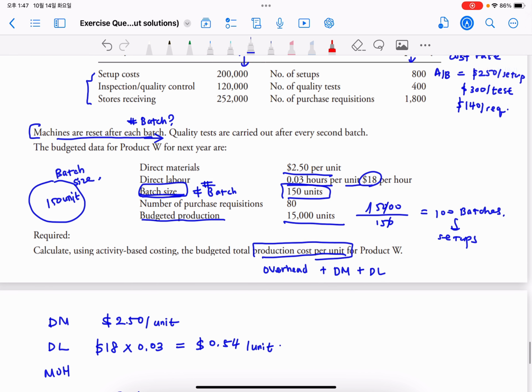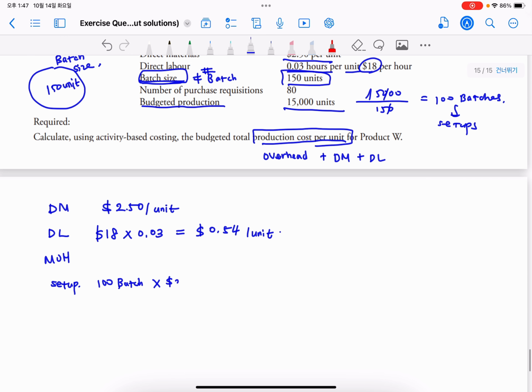And for each batch, it's going to be 250, right? So 250 times 100 is $25,000. But this is a total cost term, and what we need is based on a unit term.